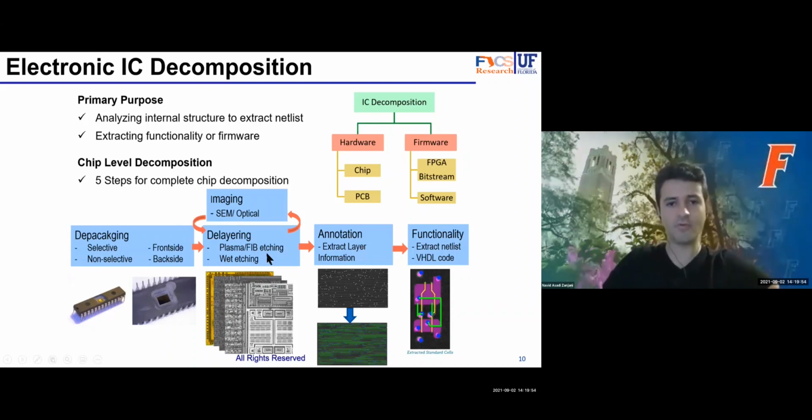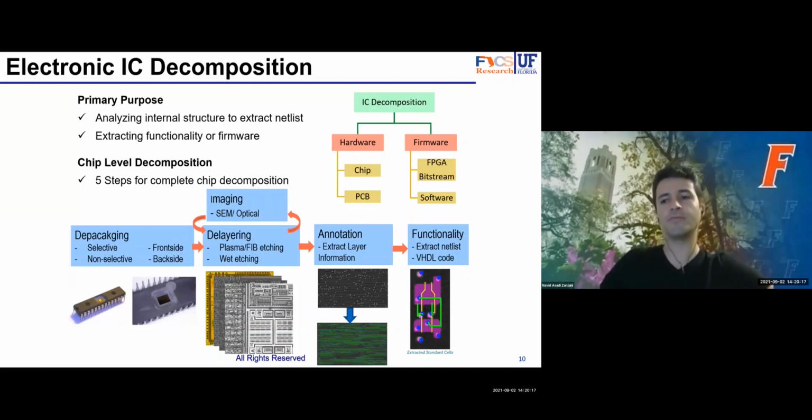Chemicals are involved, deep processing, material science is involved. And the whole reason that this part, imaging or delayering, is complex is because our image analysis tools are not intelligent and smart enough to realize what a human or an operator realizes when looking at an SEM image.